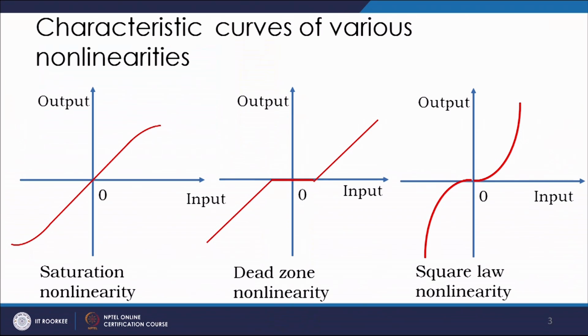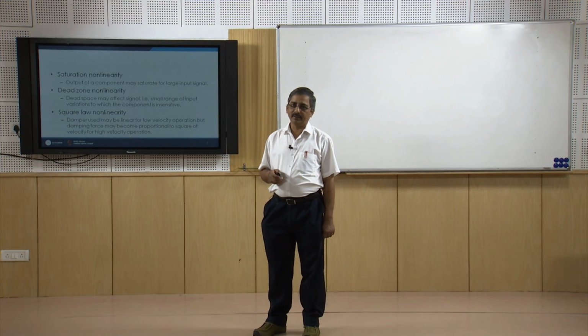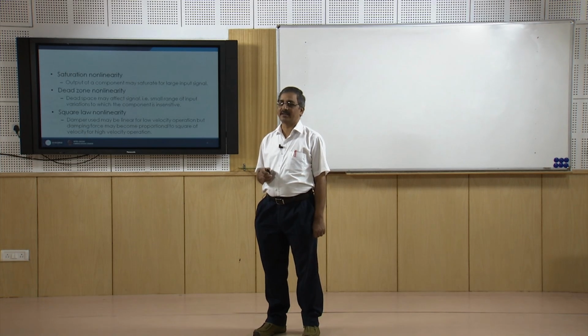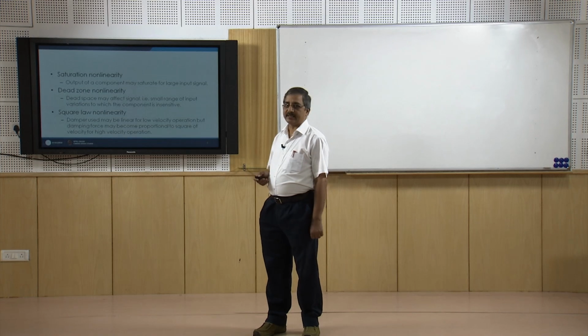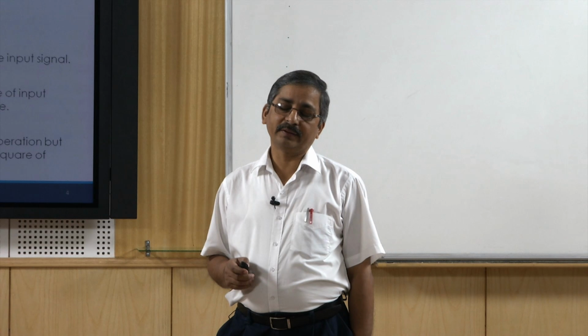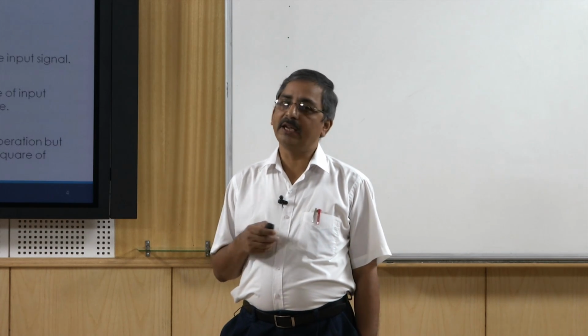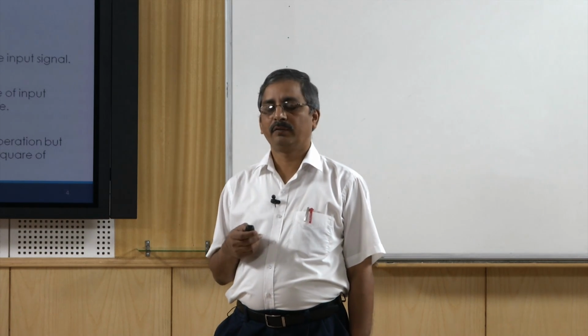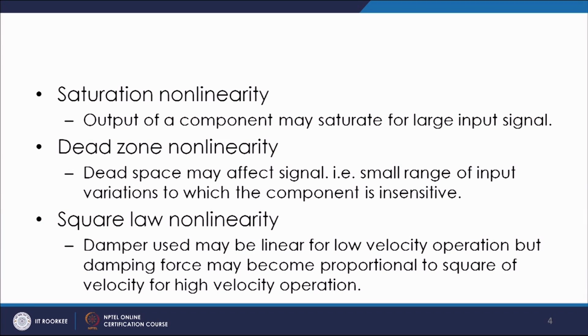Now, some reasons, causes or examples for these non-linearities: for saturation, the output of a component may saturate for a large input signal. If the input signal is large, the output may not vary at all for the given input. This type we call saturation non-linearity.